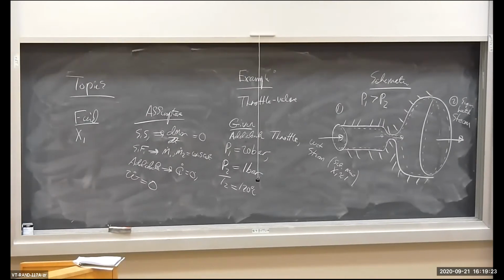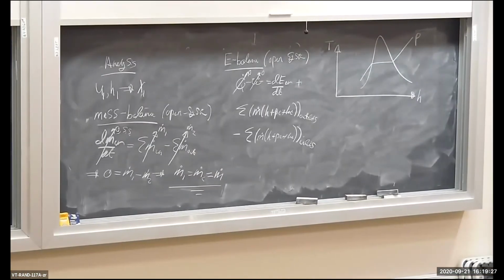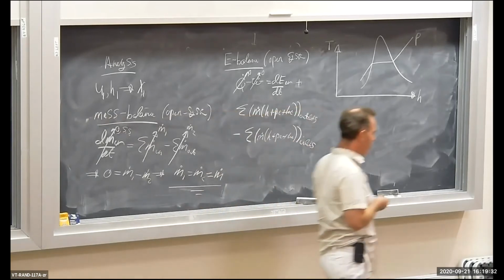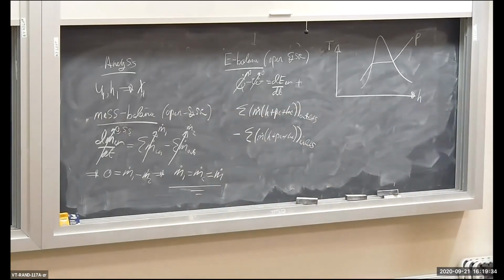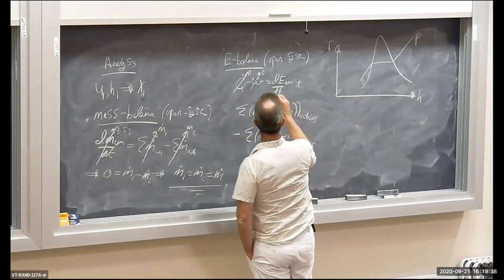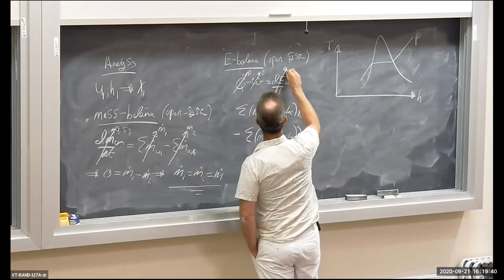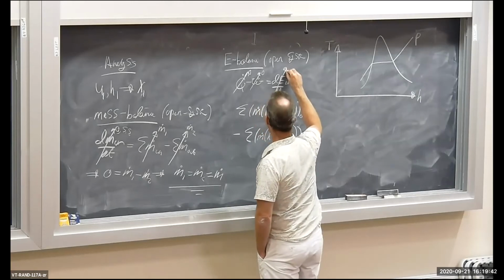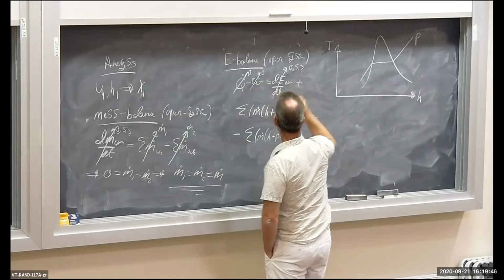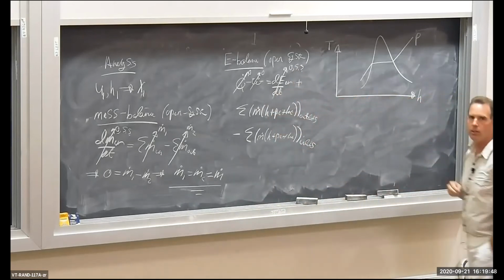Steady state. That means nothing changes with respect to time. The amount of mass and the amount of energy in the control volume doesn't change with time if we are in steady state. That means dE_CV/dt, the energy within the throttle valve, doesn't change with time. So I'm going to write 0, steady state.